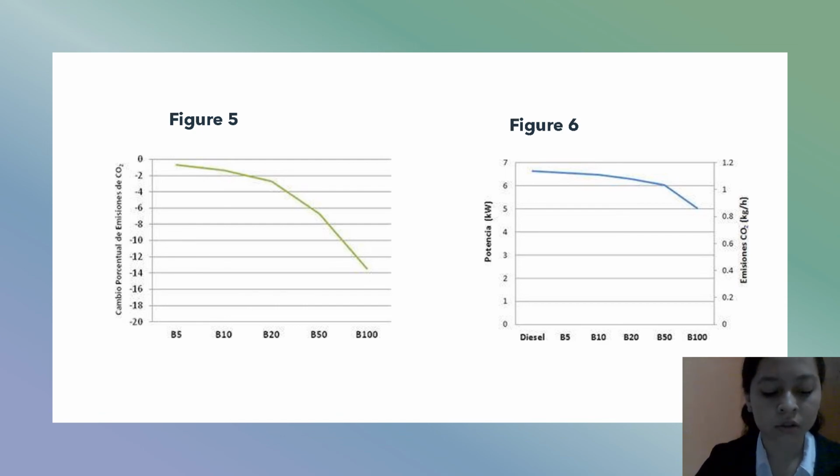Figure 6 shows the relation between power and CO2 emission as a function of biodiesel concentration. It can be seen that by increasing the concentration of biodiesel, the power generated decreases and at the same time CO2 emissions are reduced.